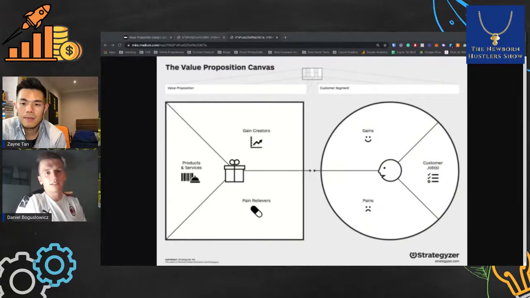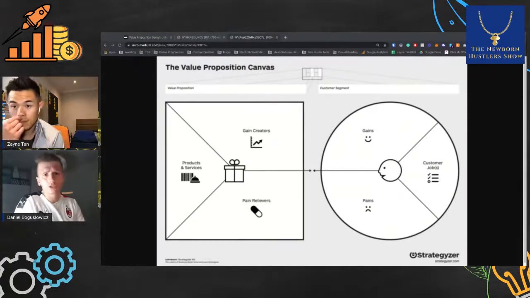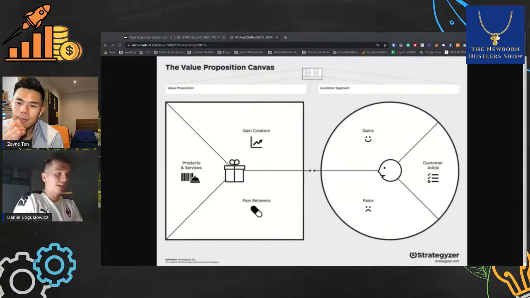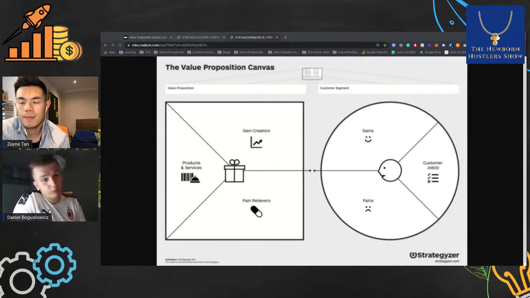And then gain creators will be the fact that I'm building a friendly relationship with my clients. The fact that, I don't know, even such stupid things as I don't take upfront payment. I ask for the payment at the end of the month, right? So probably this is also a gain creator, or maybe the fact that my clients can reach out to me even in the evening, which is not always healthy, but yeah, it is what it is.